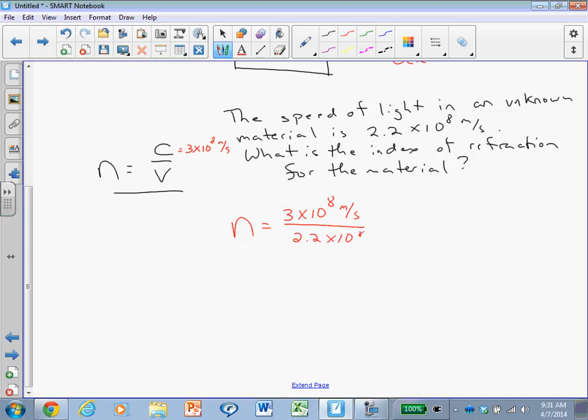The 10 to the 8s just cancel away, as do the meters per second. So we have 3 divided by 2.2, or 1.36. It must be acetone, or isopropyl alcohol.